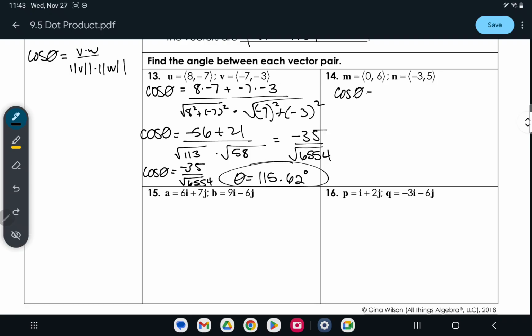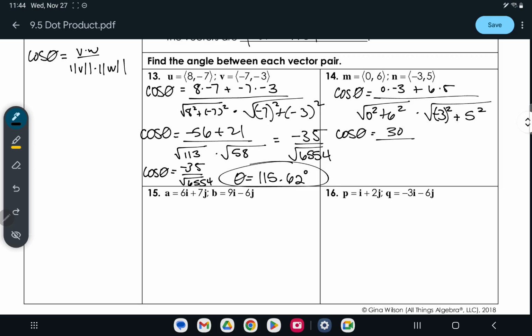So cosine of theta, the dot product over the magnitudes. So cosine theta, let's see, that's going to be 0, so 30 on top.